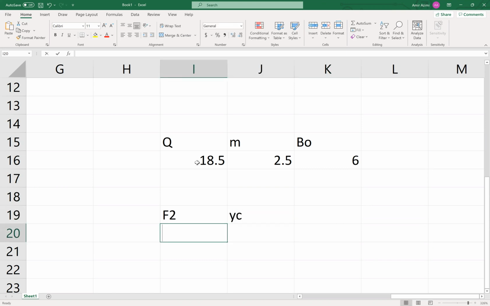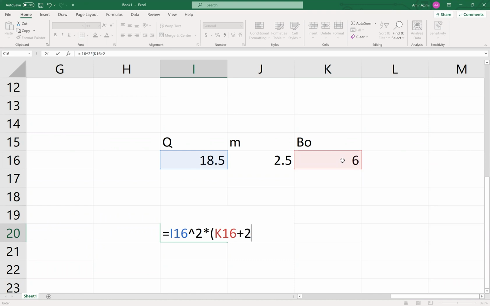So Froude square is equal to Q square to the power of 2 times the top width. So I need to develop the top width. The top width is B0 plus 2 times M times Y, which is here. And then everything divided by g, which is 9.81, multiplied by area to the power of 3.